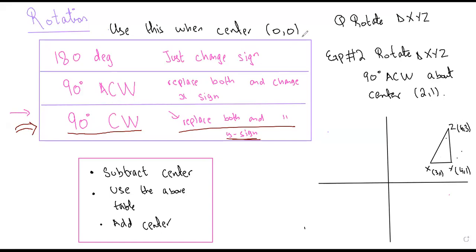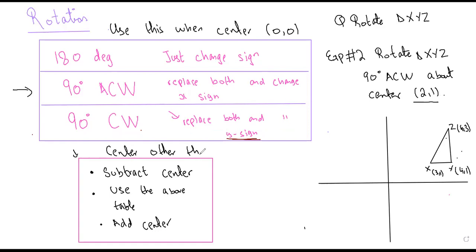Now obviously for this you would be following the second row. We are going to focus on this, but the center is not 0, 0. So you are not going to follow the first table. You will be following this table. So this is for centers other than 0, 0.